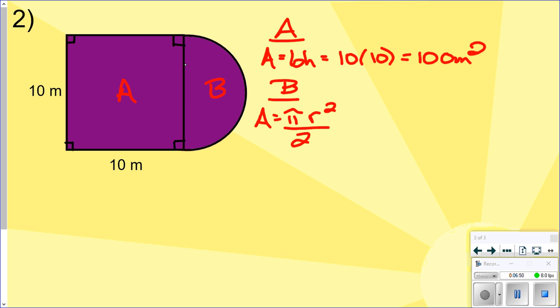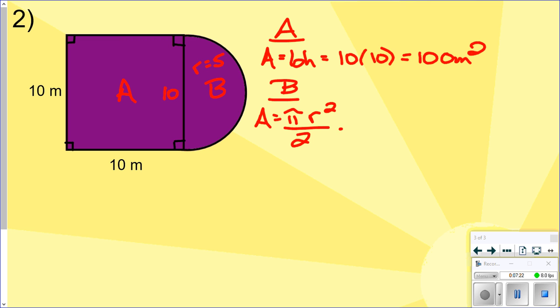This distance across the circle is the same as this, because this is one of the sides of the square. So this side is 10. Is that the radius or the diameter? The distance all the way across the circle is called the diameter. So that's my diameter, and my radius is half of that. The radius is 5.